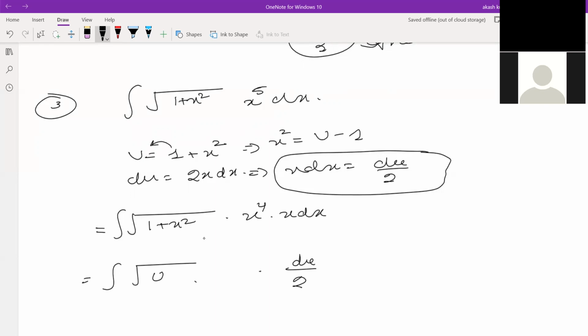To get x^4, I am squaring it again. So x^4 equals u minus 1 whole square. Now my x^4 is in terms of u, so I can replace it. It becomes u minus 1 whole square.